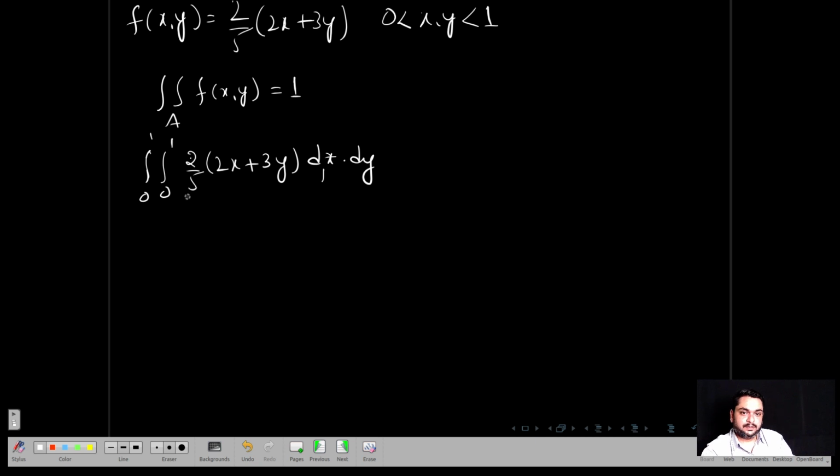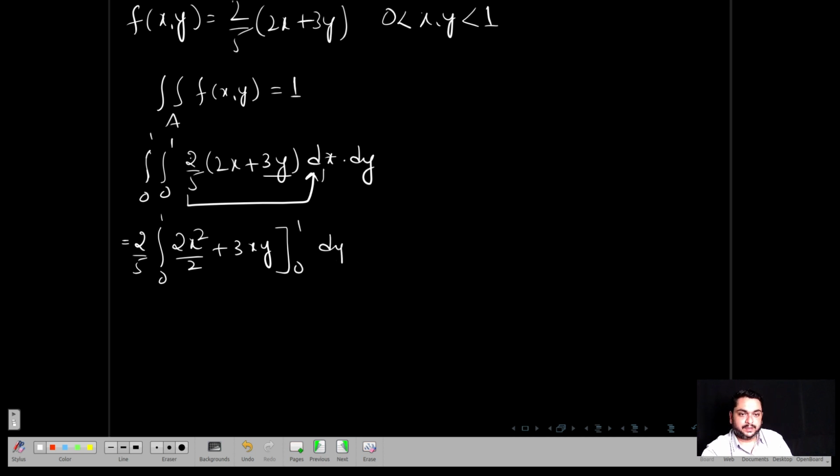First let us integrate with respect to x. So let us take this 2 by 5 outside. So 0 to 1, 2x plus 3y. Keeping y as constant, integrate the x. So it becomes 2x square by 2 plus 3xy in the range 0 to 1, then dy.